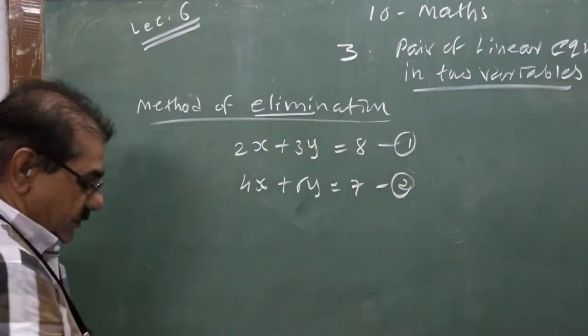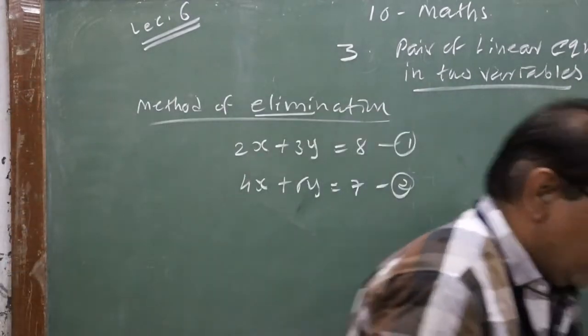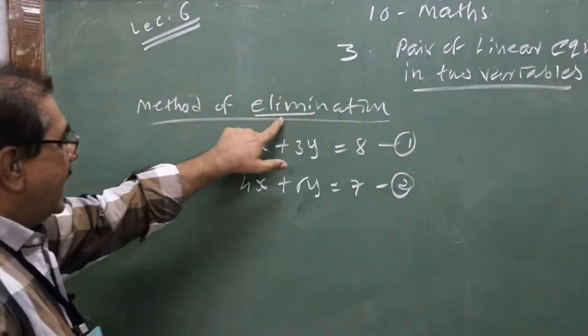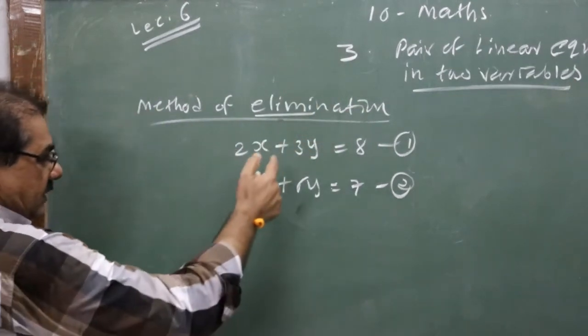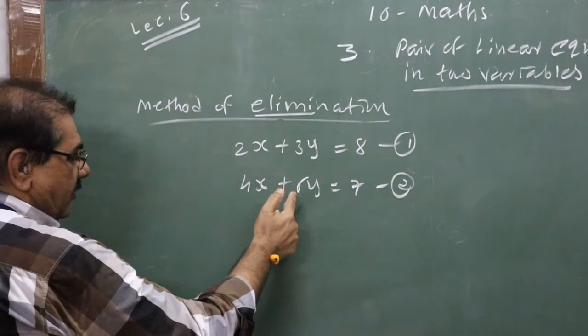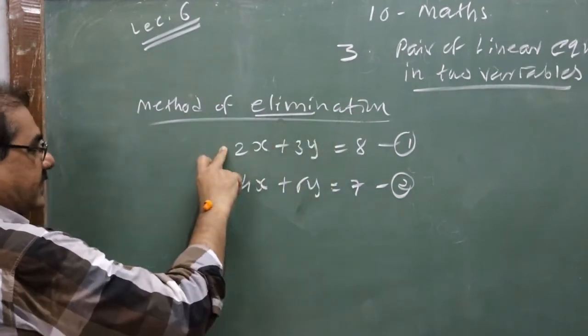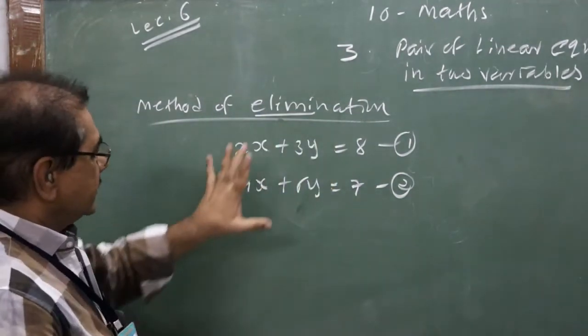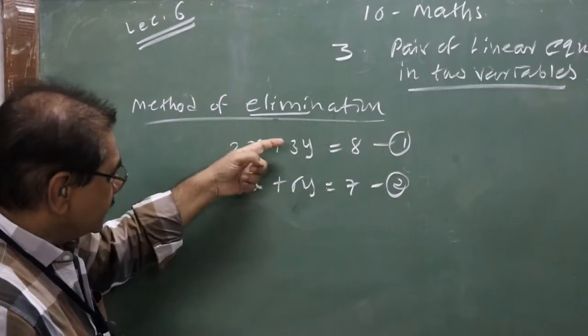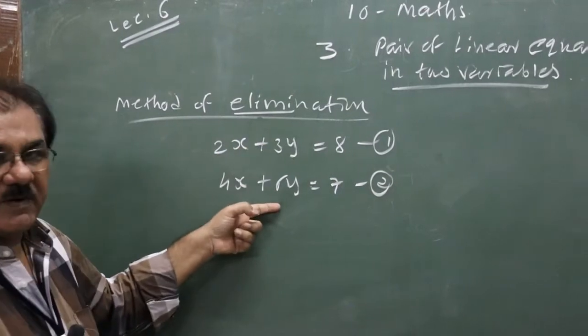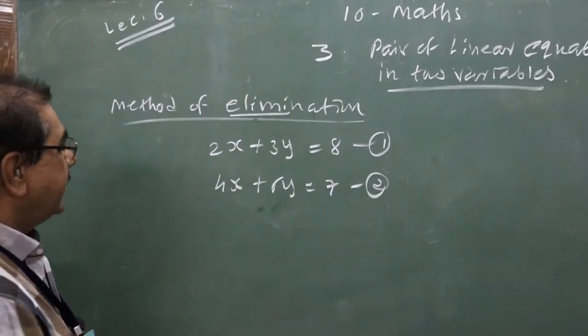Equation number 2. Okay? Now first of all, how to eliminate the variable? For elimination, the coefficient of either y or x should be equal. Suppose I want to at present eliminate variable y. So coefficients of y should be equal in both the equations. So for that what should I do?